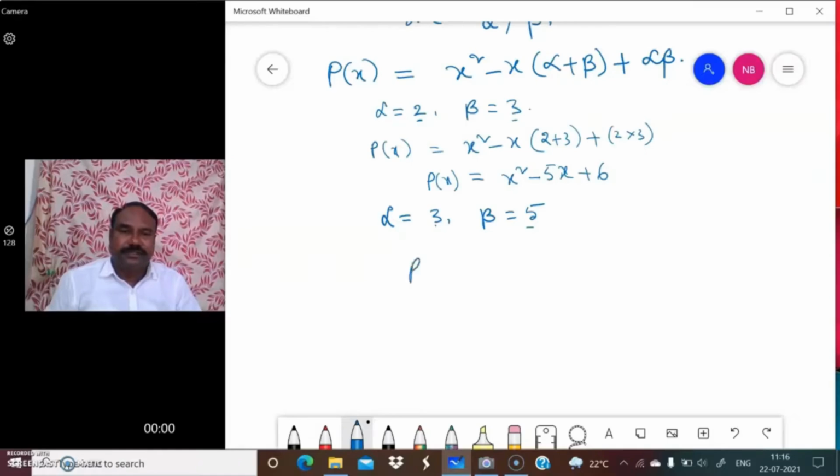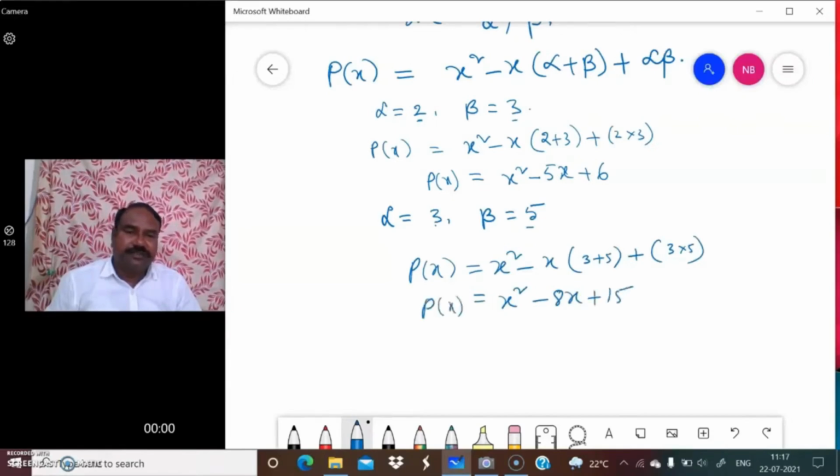That is p of x is equal to x square minus x into the sum of the roots, 3 plus 5, plus the product of roots, 3 into 5. Then it is x square minus 8x plus 15, since 3 plus 5 is 8 and 3 times 5 is 15. This is a quadratic polynomial which has the zeros 3 and 5.